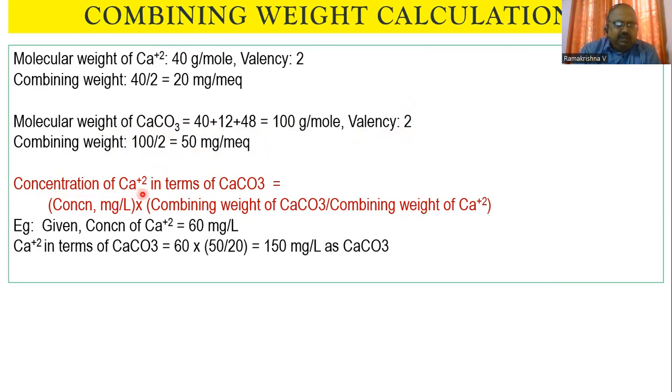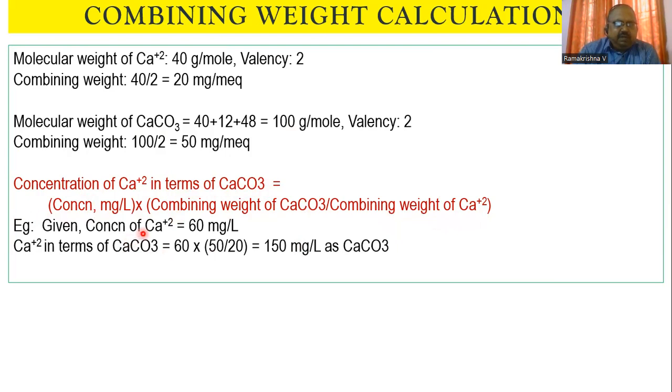So the concentration of Ca plus 2 in terms of CaCO3, this usually happens in water quality parameters. They are often expressed in terms of calcium carbonate. So the concentration of Ca plus 2 in milligram per liter, times the combining weight of calcium carbonate, divided by the combining weight of Ca plus 2.